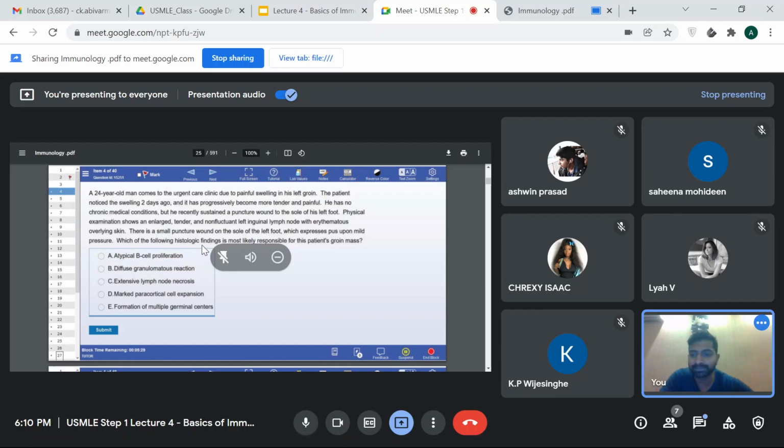Lymph node necrosis. Again, there is pus, so you might think necrosis, but the process that happens here is acute inflammation, and within that one lymph node you might have some necrosis. It's not extensive lymph node necrosis, so you can clearly rule that out.